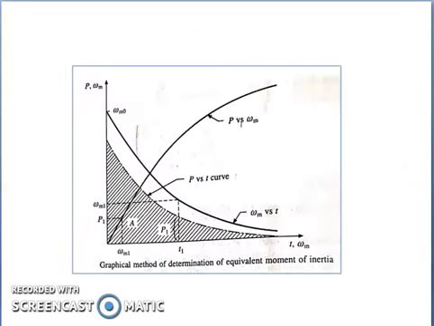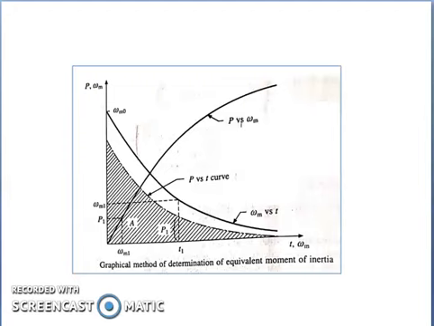The moment of inertia can be determined more accurately by obtaining the speed time curve from the retardation test. So whatever retardation test we have conducted, we will draw the speed time curve out of it. And also the rotational losses versus speed plot is drawn, which is shown in the figure here.